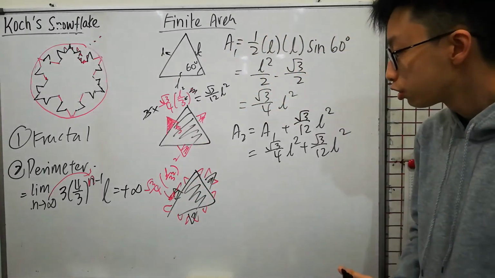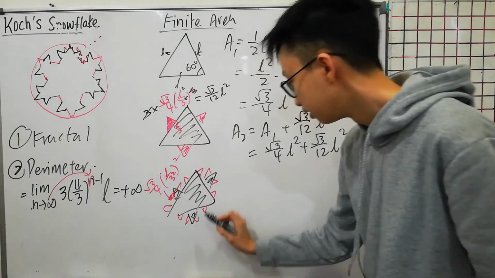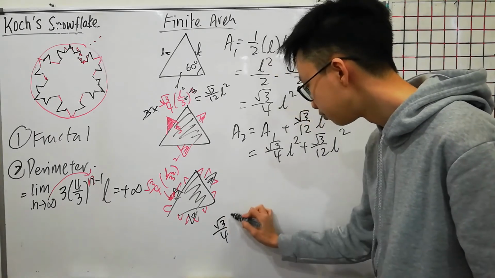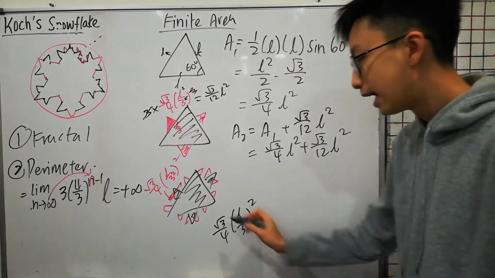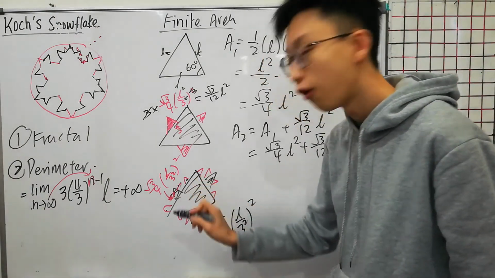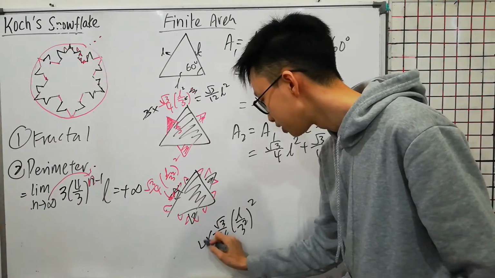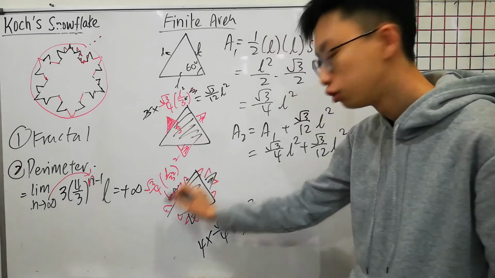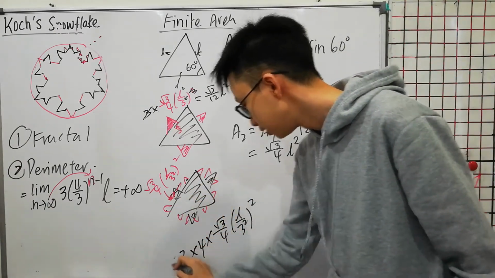So I think I'll write here: the area of one triangle is root 3 over 4 times (L over 3) squared. Then we have 1, 2, 3, 4, 4 from each side. Then we have 3 black sides, times 3 again.